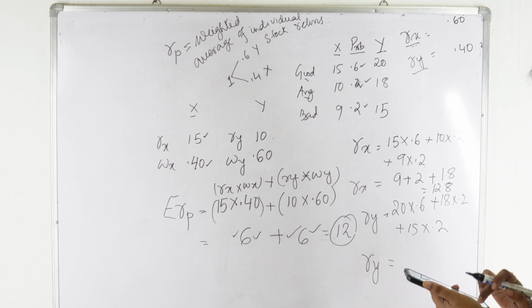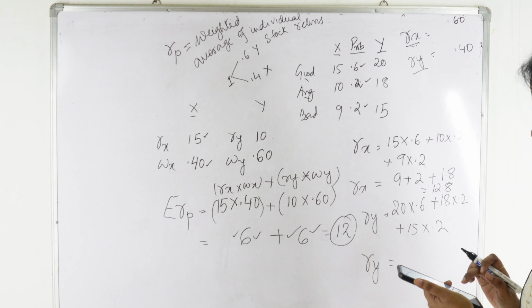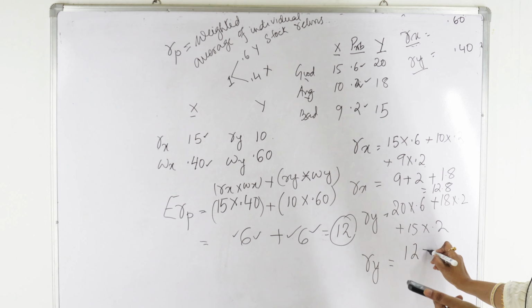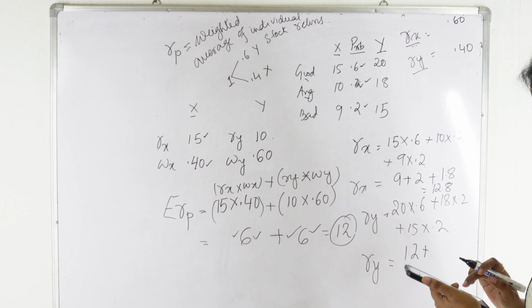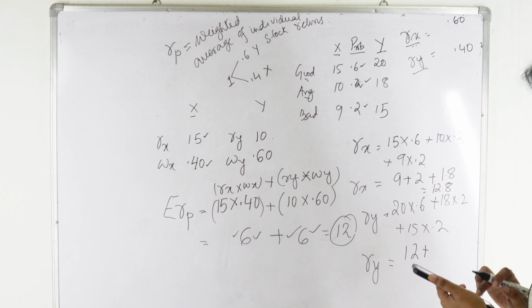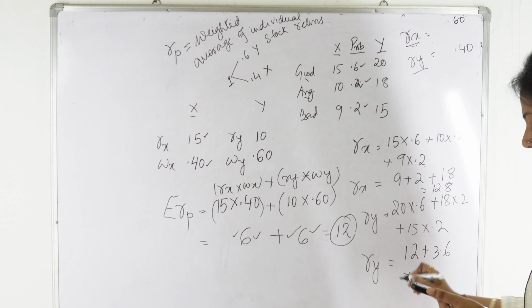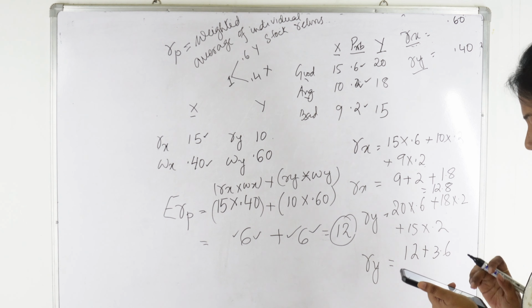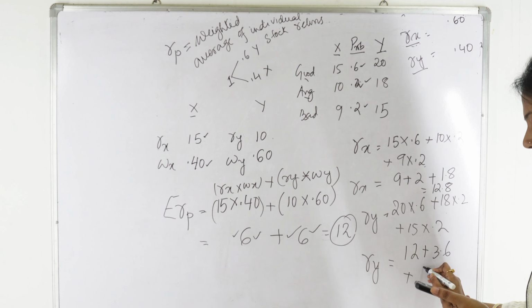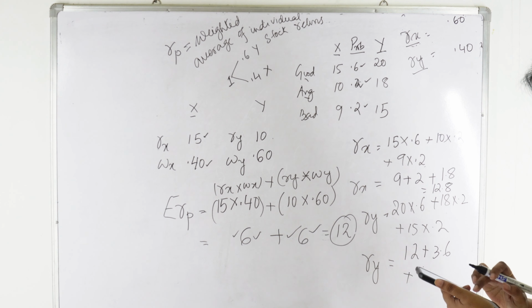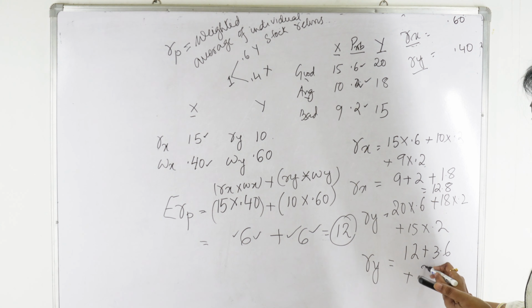Whereas here it is 20 into 0.6, that is 12, plus 18 into 0.2, that comes to 3.6, and plus 15 into 0.2, that comes to 3.